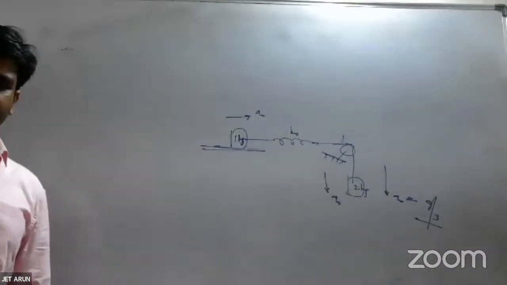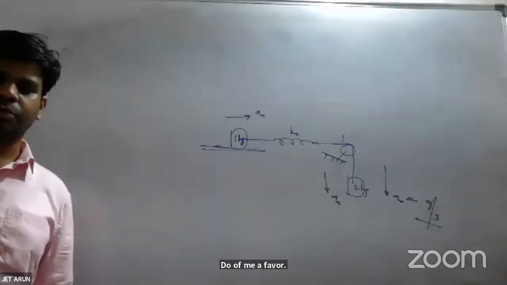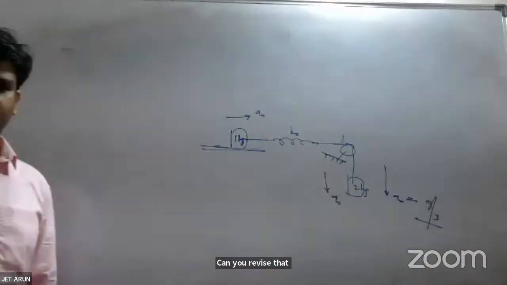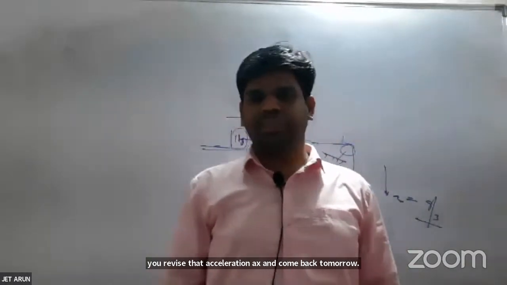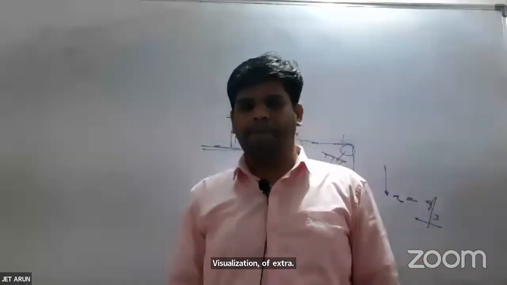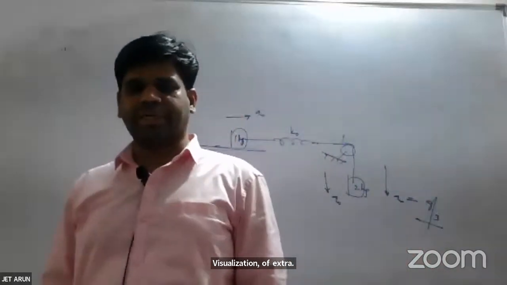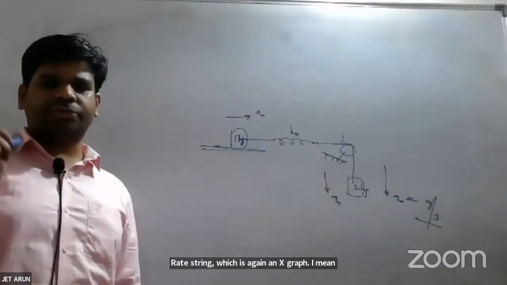Students, can you do me a favor? Can you revise the AX graphs and come back tomorrow? Revise the visualization of AX graphs, so that we'll do a graph tomorrow related to springs, which is again an AX graph, I mean a linear graph. We have done linear graphs already.